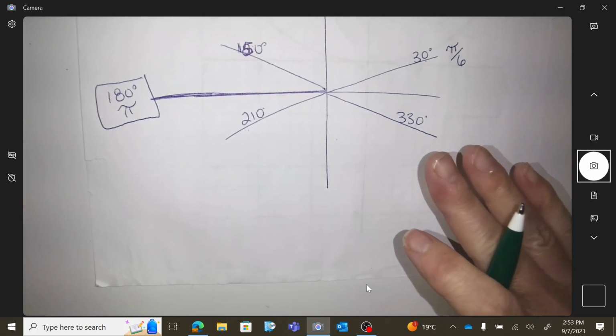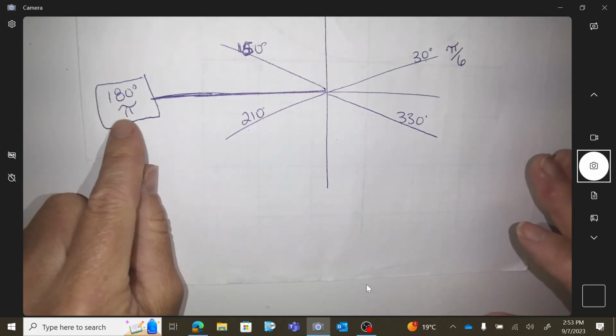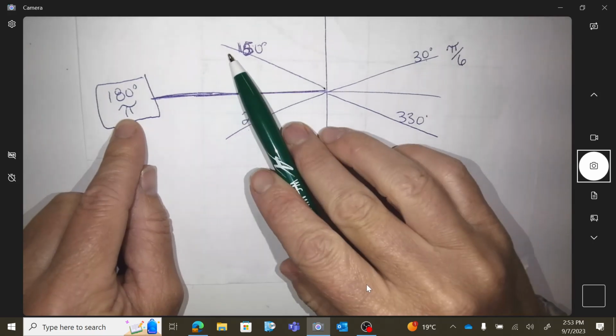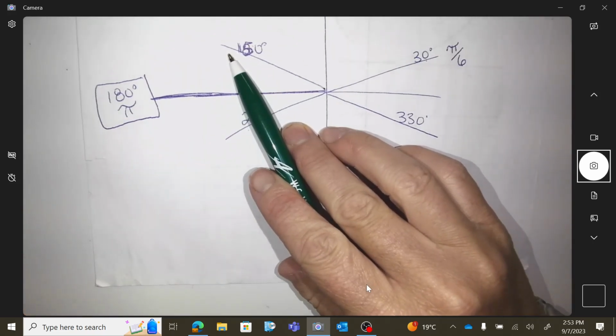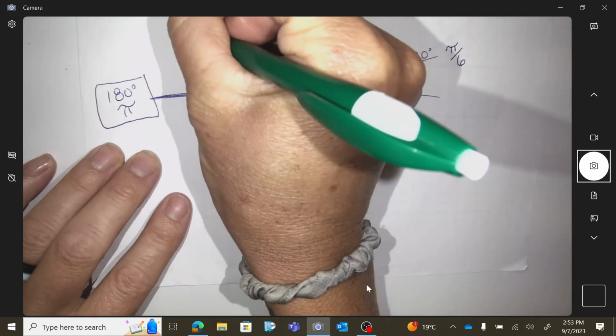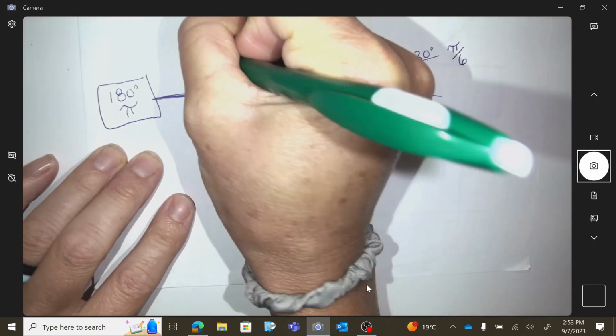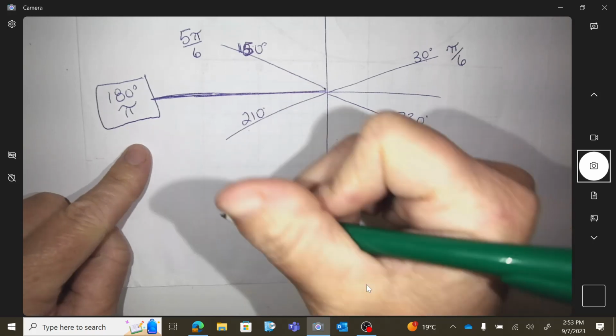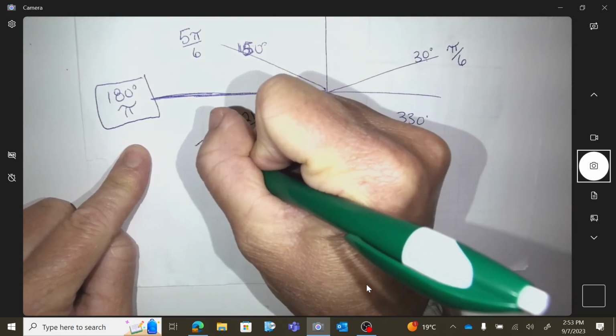If this is 1 pi, are you okay if I call that 6 over 6? Can I call 1 6 over 6? So this would be one short, so it'd be 5 pi over 6. Does that make sense? And then this would be 7 pi over 6.